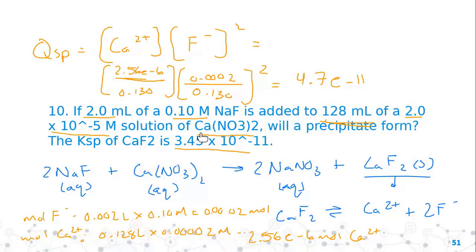Then we compare the coefficients in front of the times 10. So 4.7 is greater than 3.45. QSP is bigger than KSP, so we know a precipitate will form. We have too many products on this side. All right, any questions on number 10?